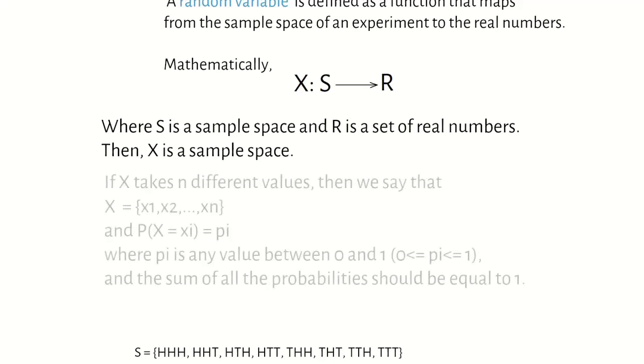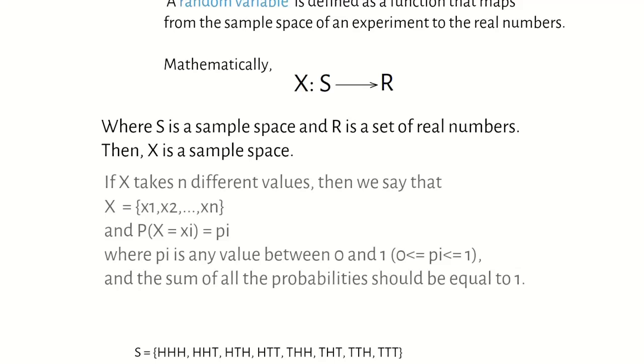So if, for example, we take a sample space, and in that sample space we suppose that our function X takes different values, then we can write that X is equal to this set, and it means that X may take either value x1 or x2 or x3, up to xn, because we are saying that it may take n different values.